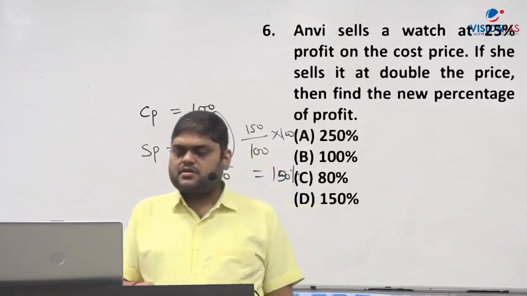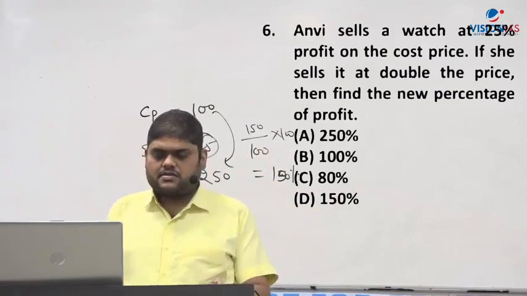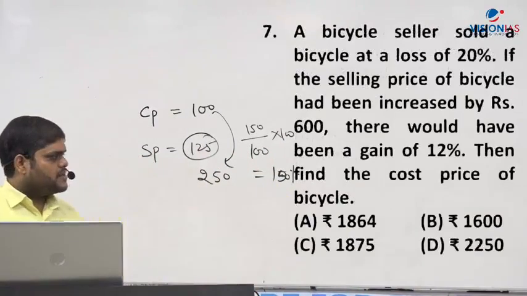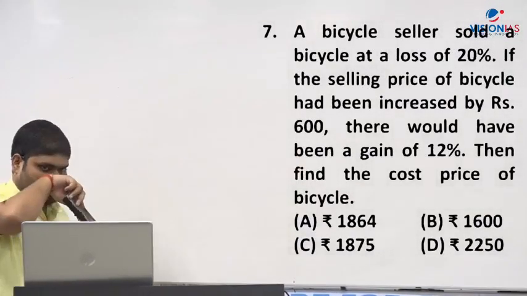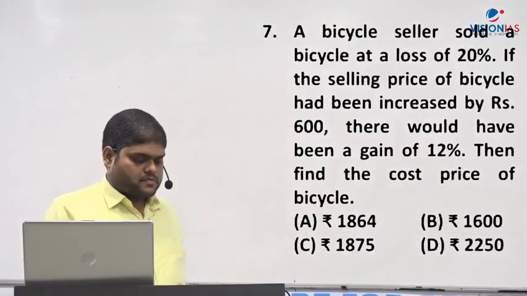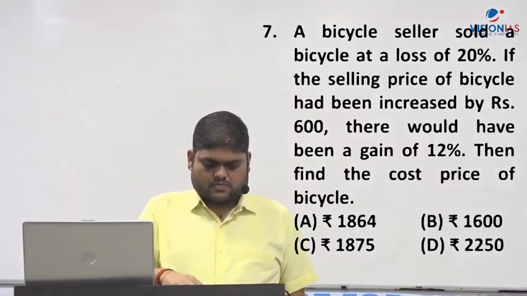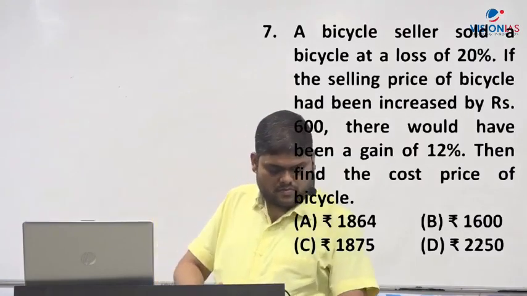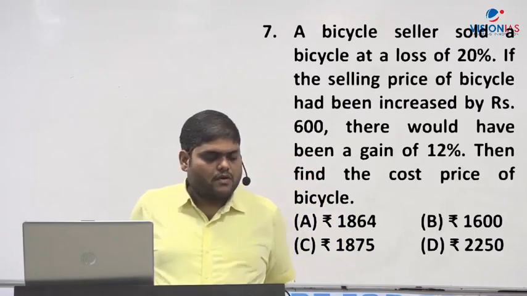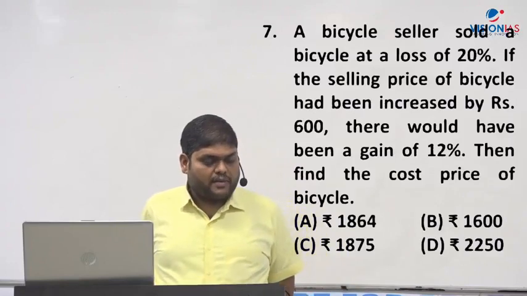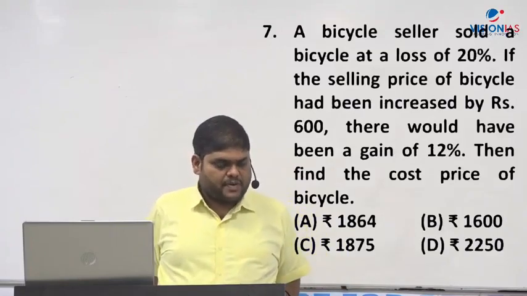Another type is question number 7. A bicycle seller sold a bicycle at a loss of 20%.